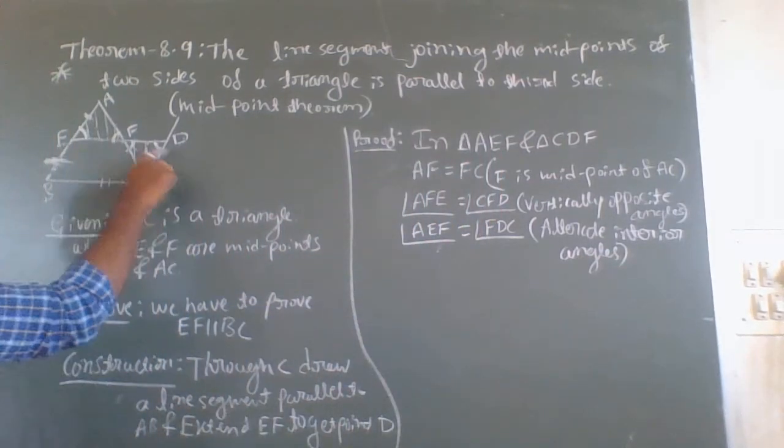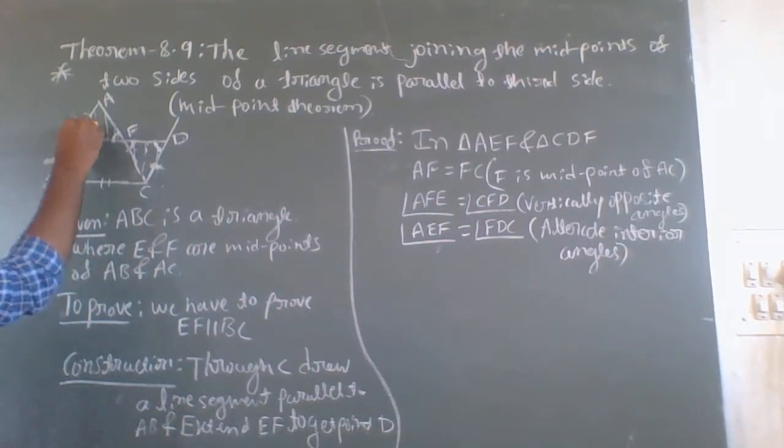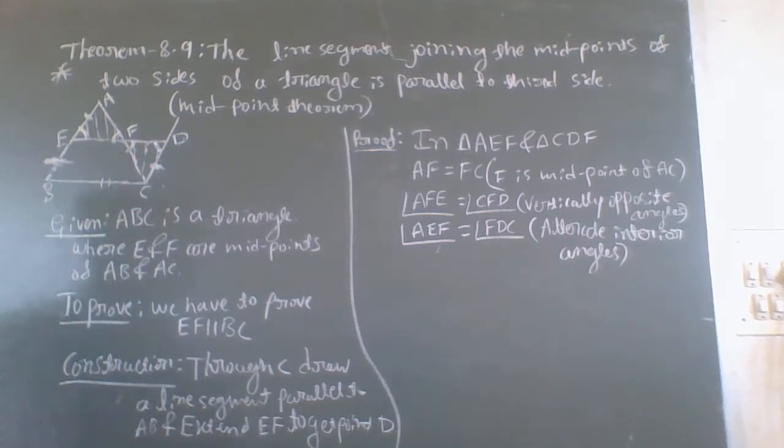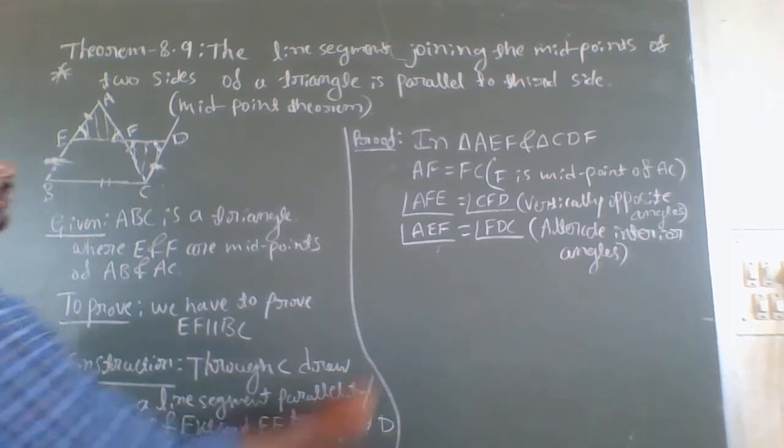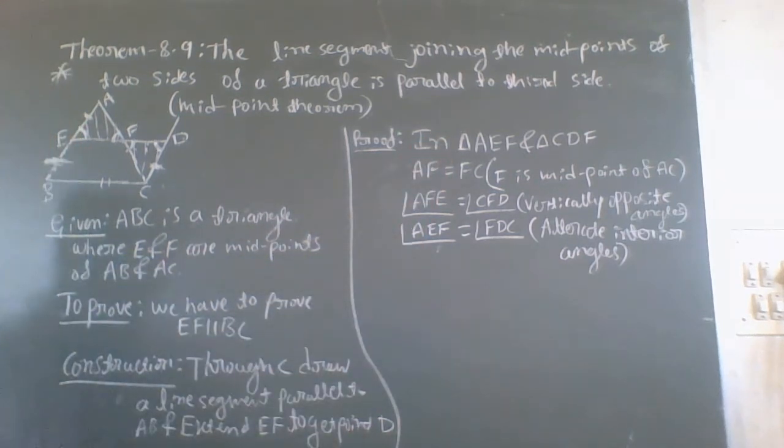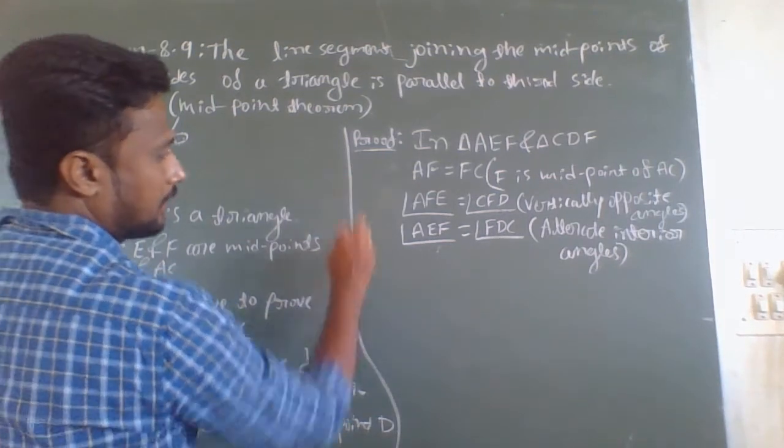Here, this CD is parallel to AB. Therefore, these two are alternate interior angles. Now, here two angles are equal and one side is equal. Therefore, what can we write here? These two triangles are congruent by angle side.